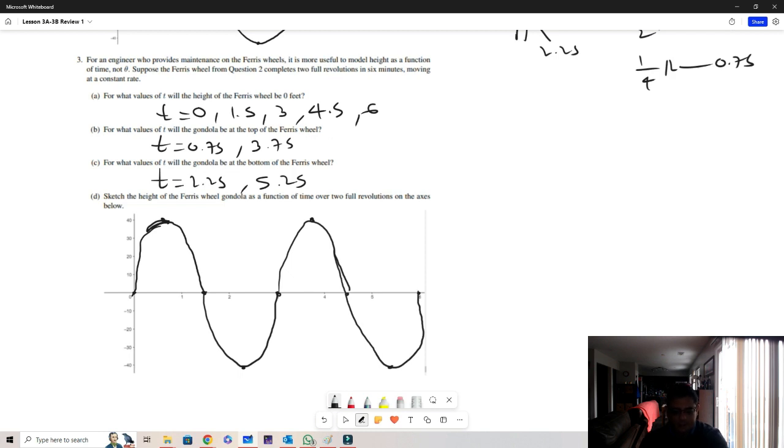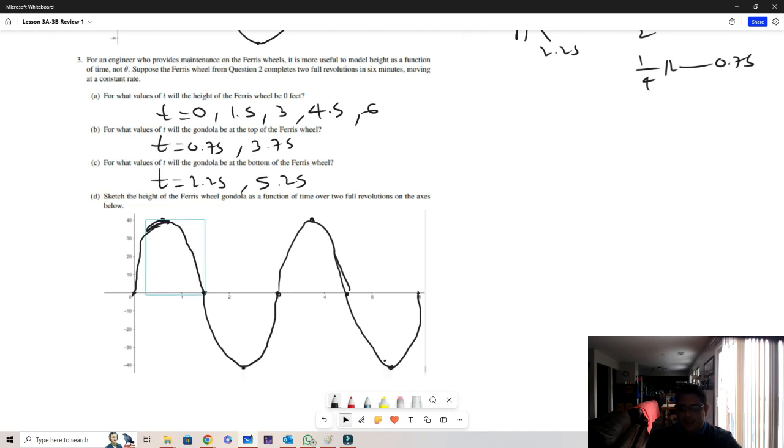And this was terrible. Cannot plot with this tablet. All right, but that's the idea. You probably have to make a better sinusoidal function, but that's the idea.